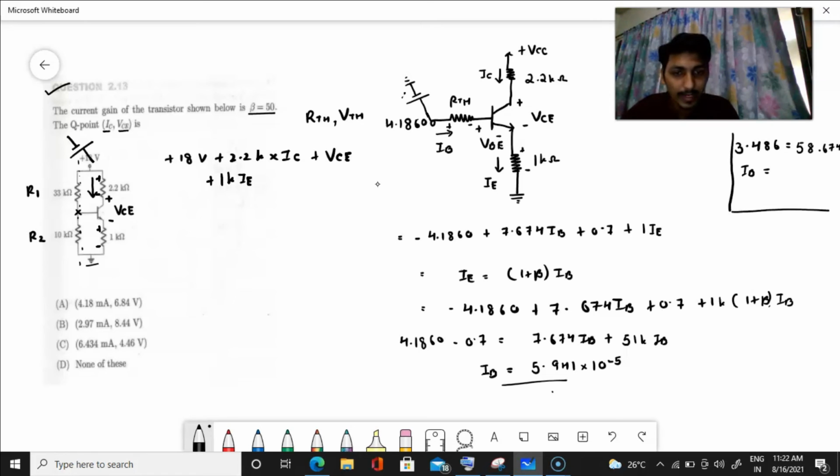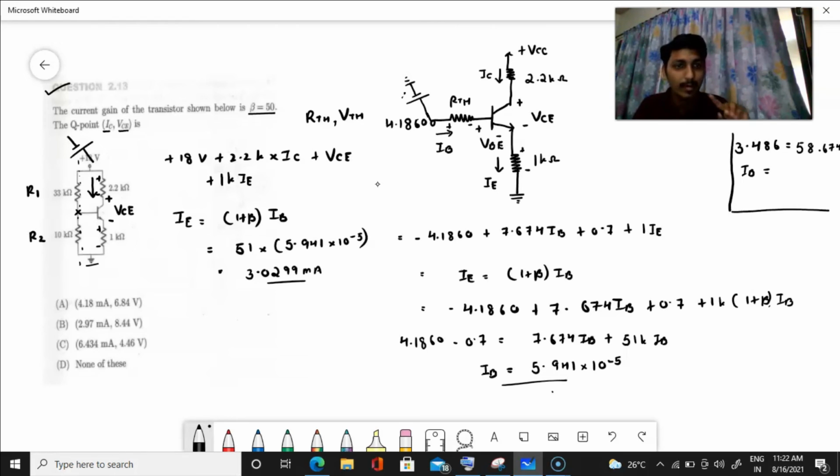We have not found the IE current, but we have IB, so we will find IE, which is 1 plus beta IB, that is 51 into 5.941 into 10 raised to minus 5, approximately 3.0299 milliampere.